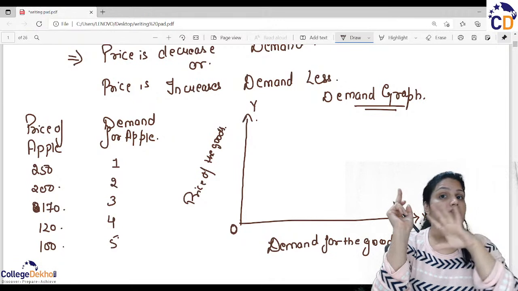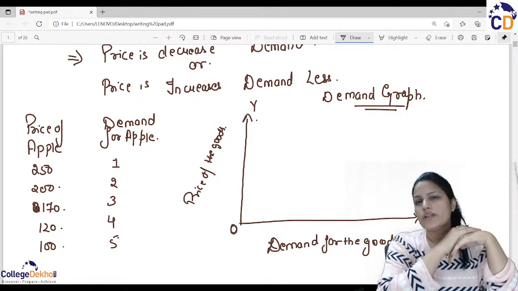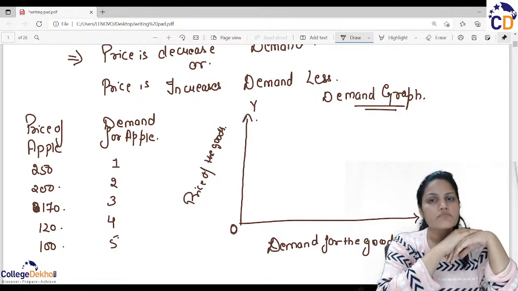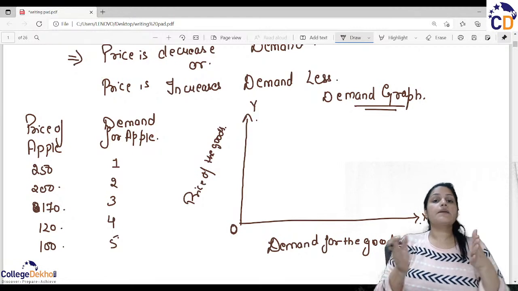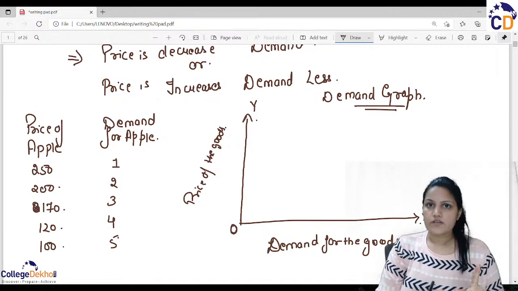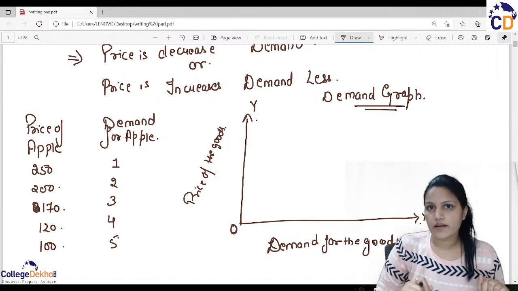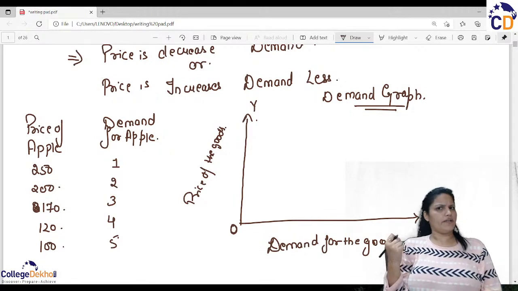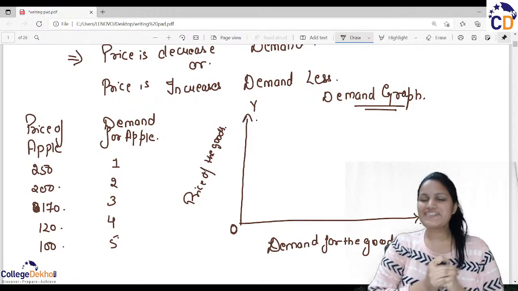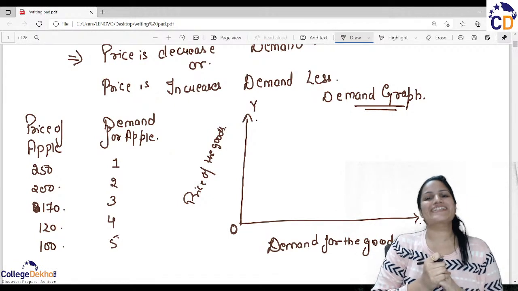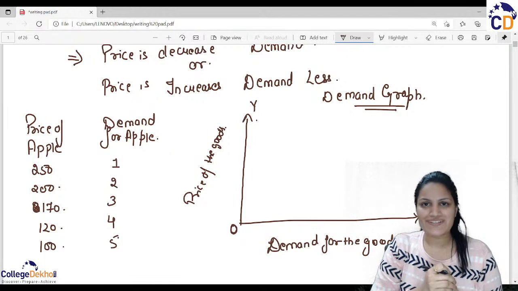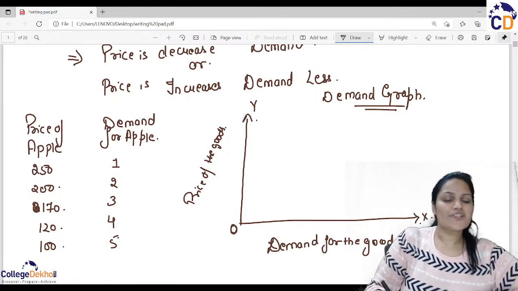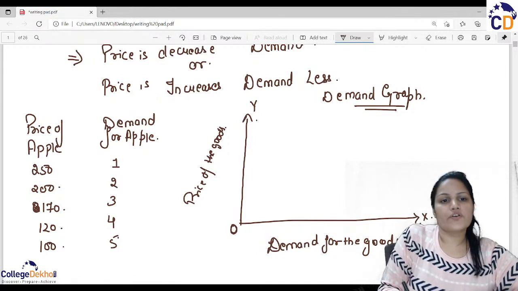If price does not change, will our demand respond? No, chances are less. So our demand is dependent on the price, and also on our income and all other determinants. We will discuss the determinants in another class, or you may explore as per the description. So here, price of the goods.